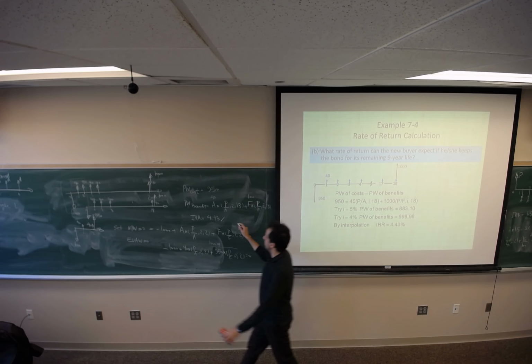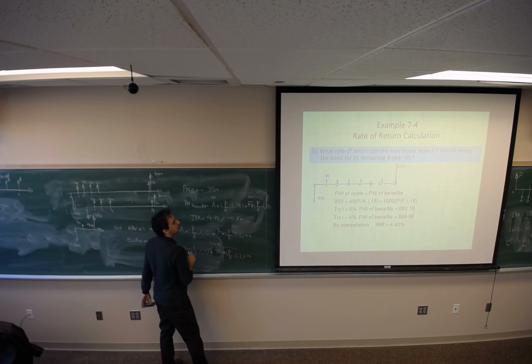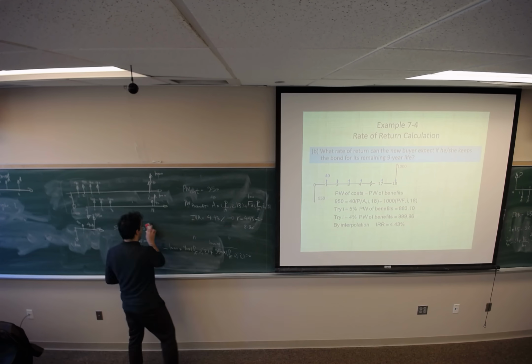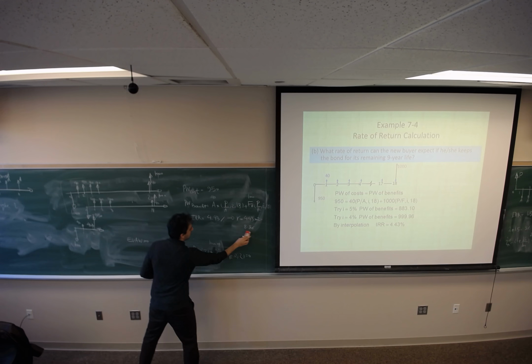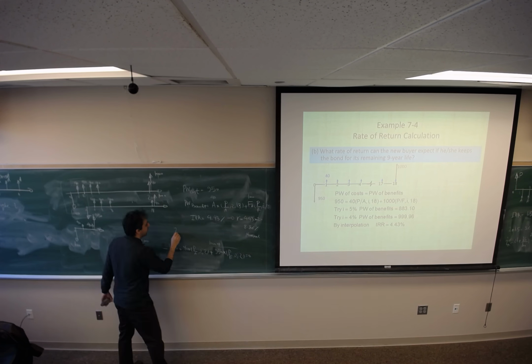If this is 4.43, the nominal interest rate is 4.43 times 2, which is 8.86% nominal. And the effective interest rate, effective.